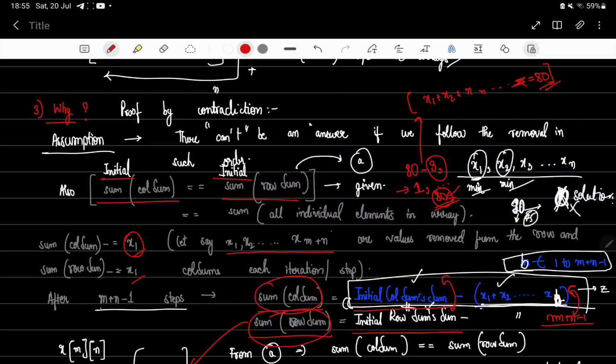Suppose it was not equal to 80. After all my steps are done, I will have that this whole thing is not equal to 80 after n number of steps.